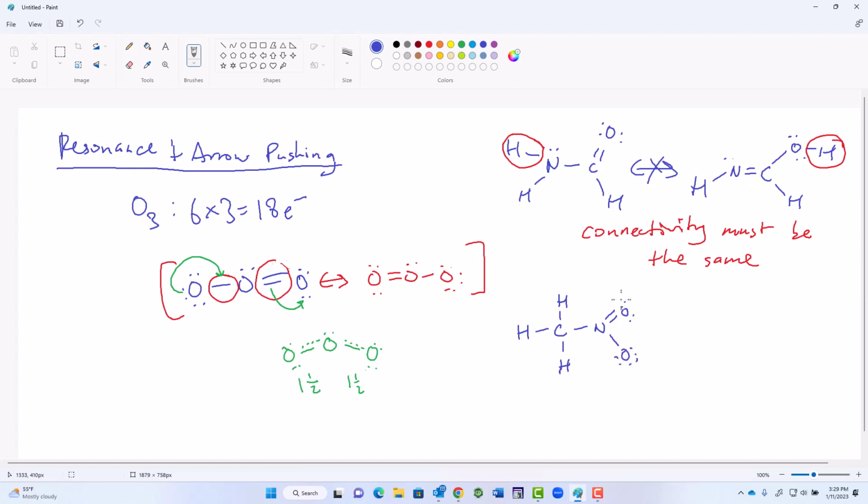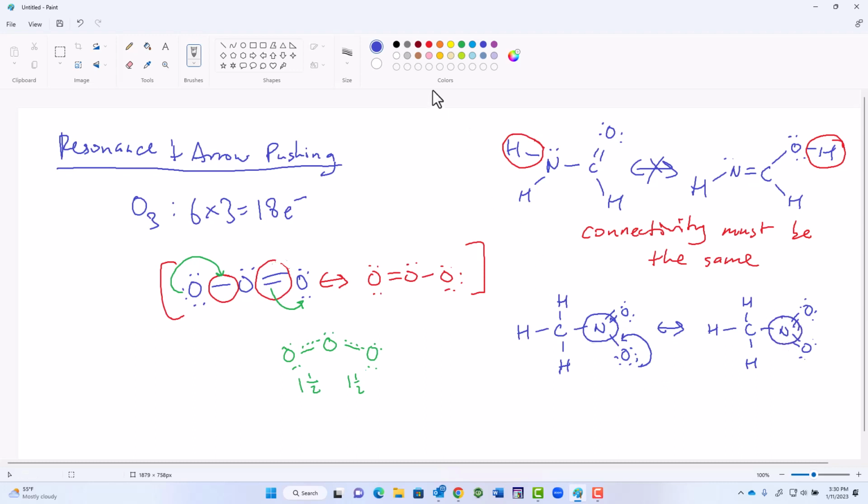Now you can imagine pushing in a lone pair from here to generate an alternate structure that looks like this. This would formally put another charge on nitrogen. If we look, the nitrogen in this case has 8 electrons in its valence shell. The nitrogen in this case has 10 electrons in its valence shell.